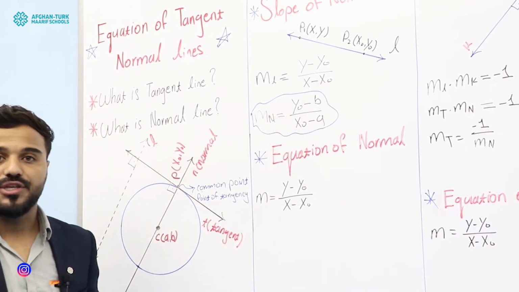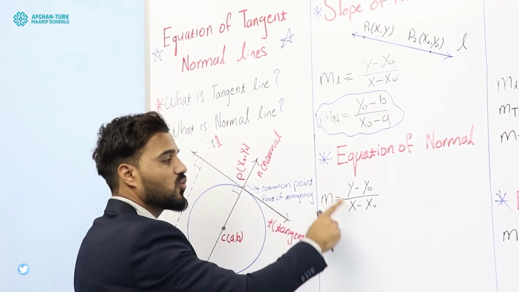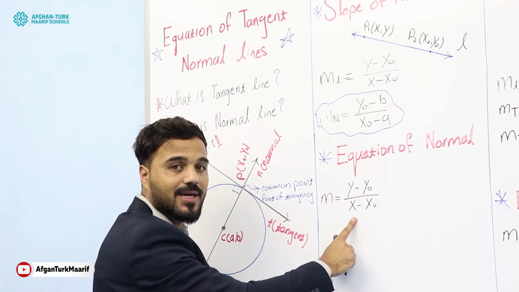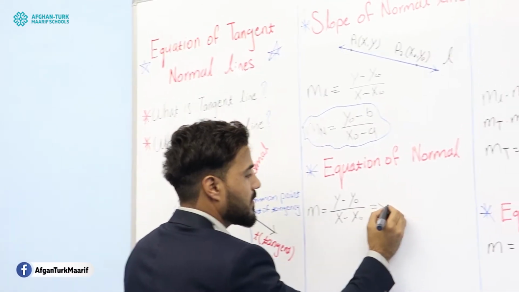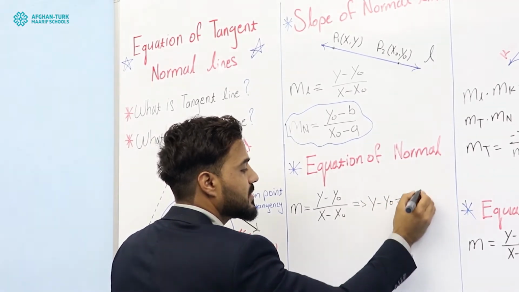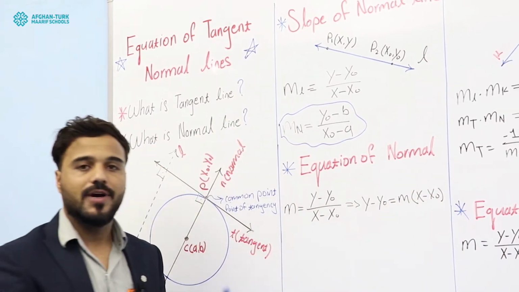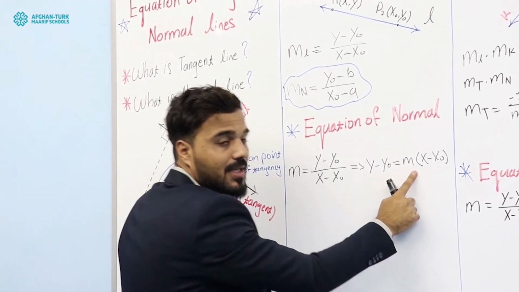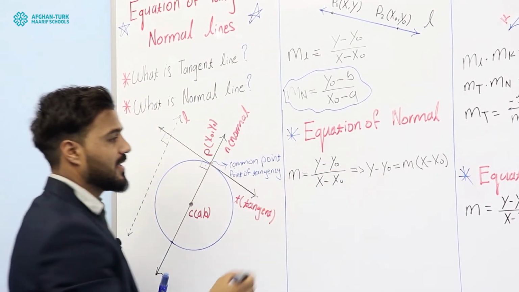Now let's find the equation of normal line. As we know, slope of a line is equal with y minus y0 divided by x minus x0, so we can write it like this too: y minus y0 is equal with m times x minus x0. Now if we write instead of m the slope of normal line, we will get equation of normal line.